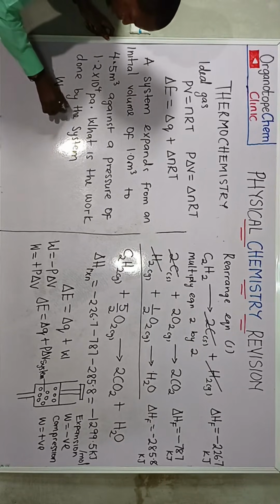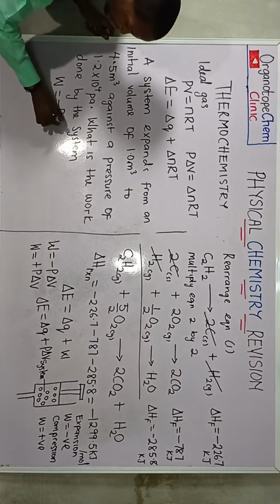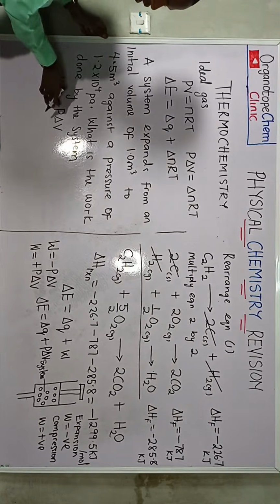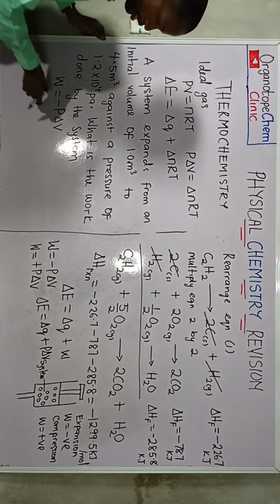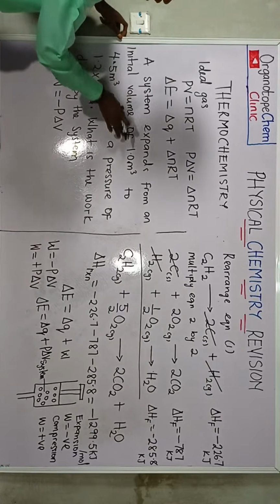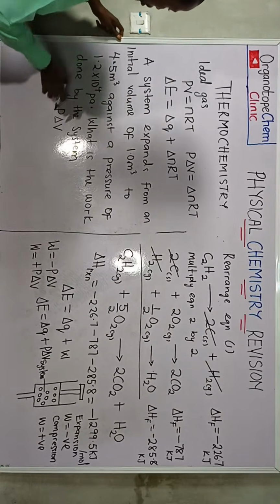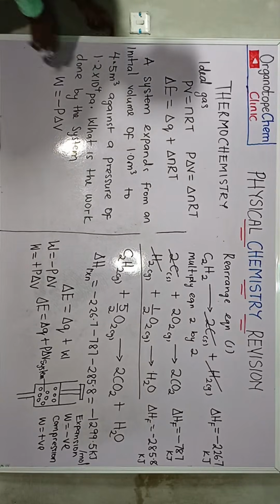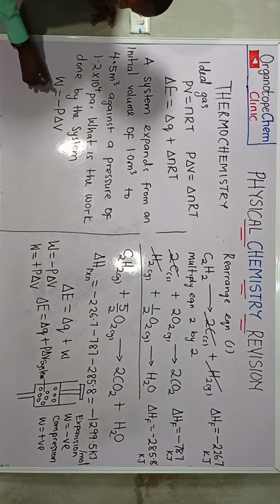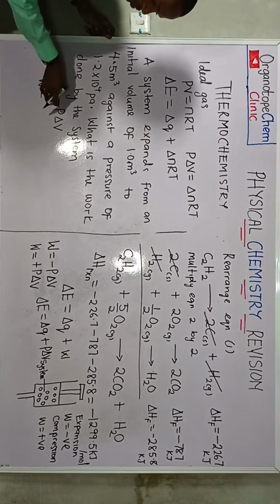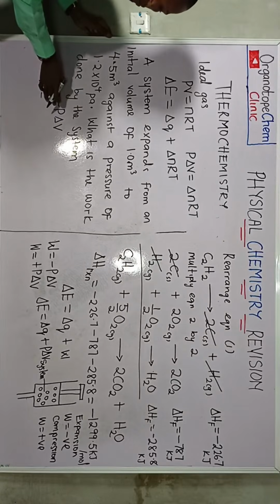W equals negative P change in V. Now, we have initial volume as 1.0 and the final volume is 4.5. So we are going to adopt the general expression of P change in V, and the negative will appear in the final answer.